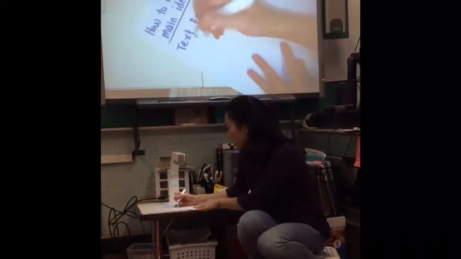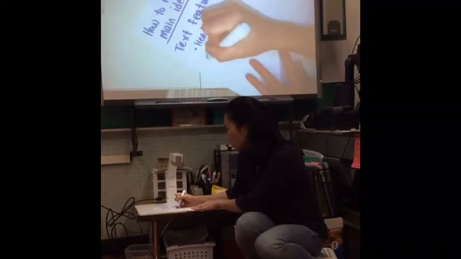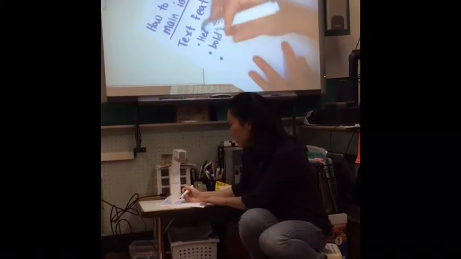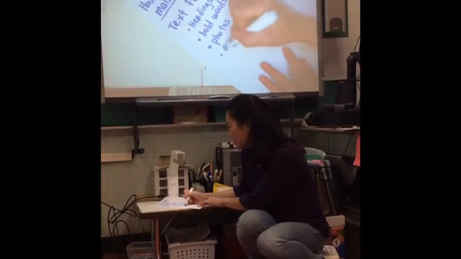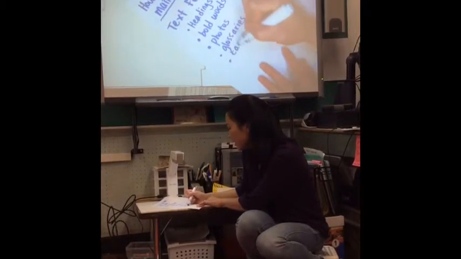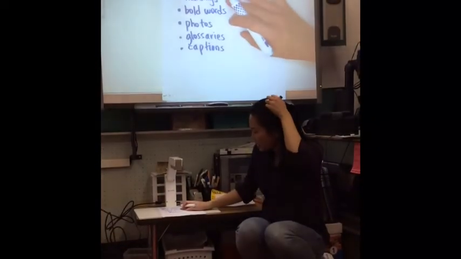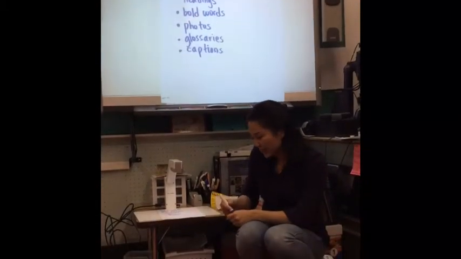So I would ask the class to recall a few of them, which are headings, we've talked about bold words, photographs, glossaries, captions, and things like that. So we can actually use all of these things to help us find the main idea in a text.